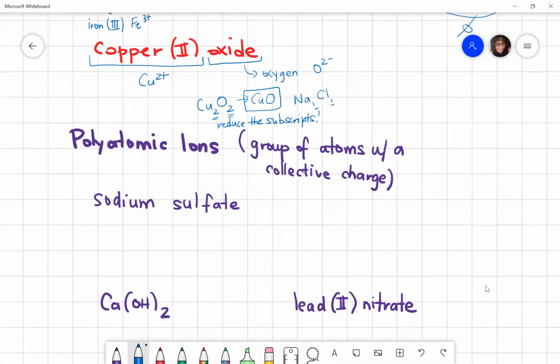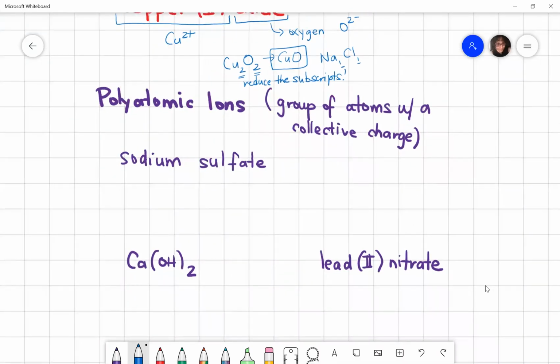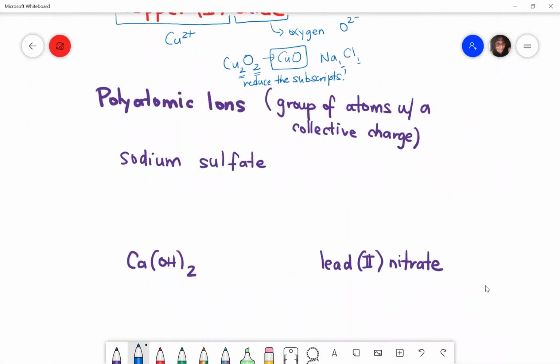Lastly, looking at the polyatomic ions, we have, again, groups of atoms with a collective charge. We've got sodium sulfate for you. We have a CaOH with a 2 outside the brackets, and a lead 2 nitrate. Same idea. Again, we have metals combining with something with a negative charge. Consult that periodic table.